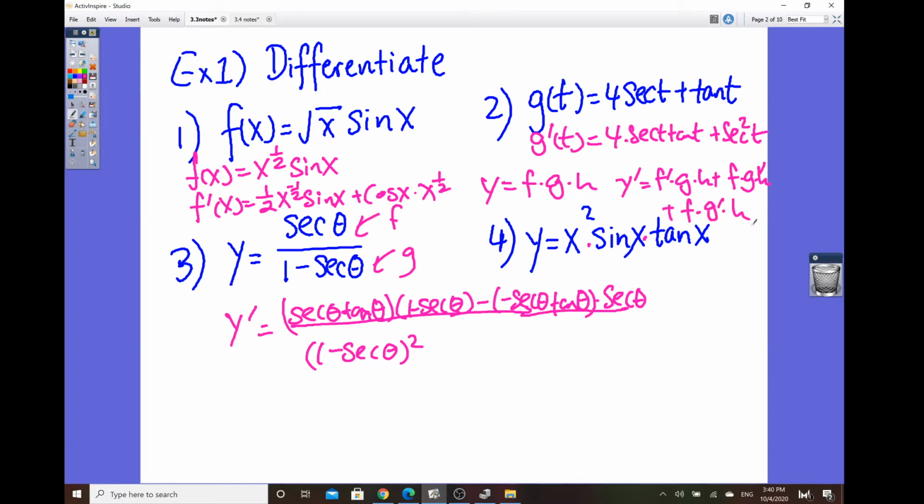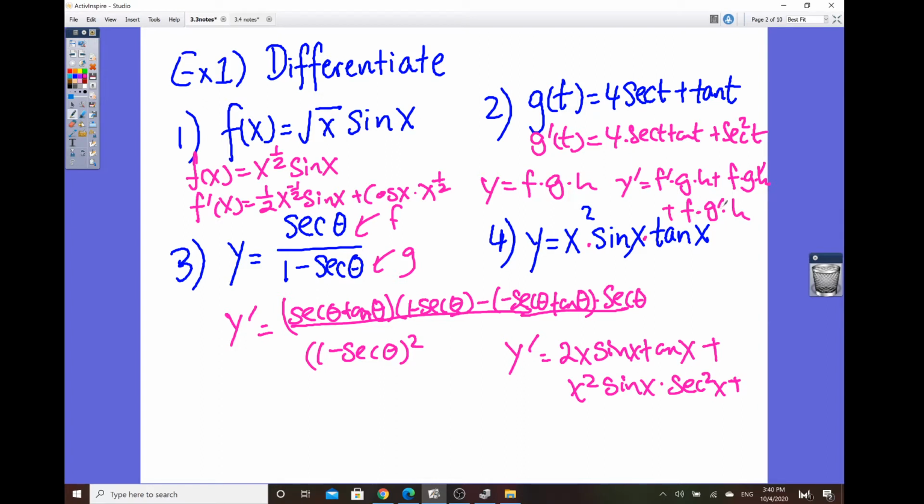So y prime is 2x times sine x times tangent of x, plus x squared times sine of x times the derivative of tangent, which is secant squared of x. I'm just using the formula.